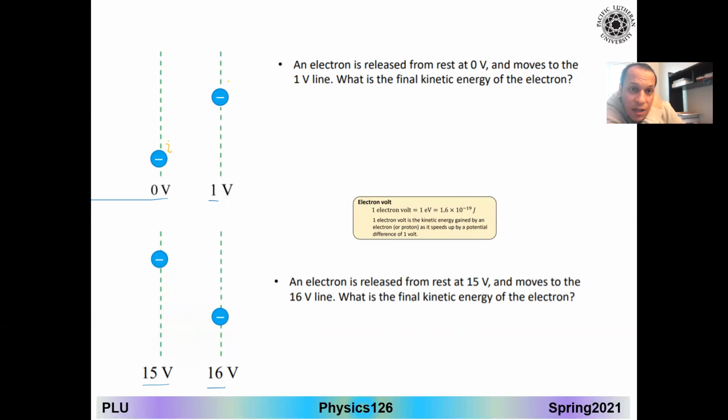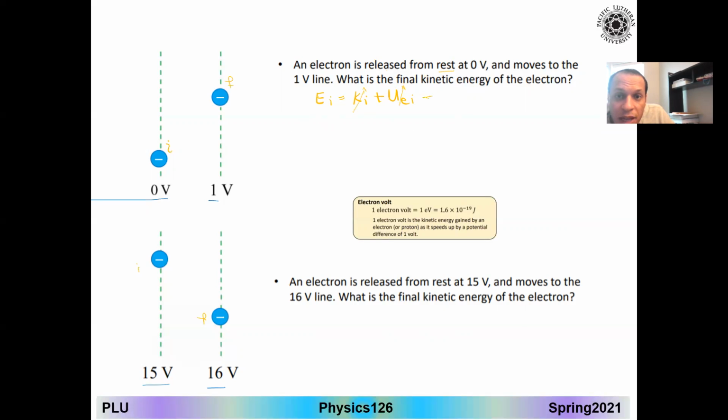Here is the initial and here is the final in this case, and the same here. We're going to start writing down our equations, the initial energy, which is Ki plus U initial. The initial potential is equal to 0 since we have 0 volt, and from rest the velocity equals 0.